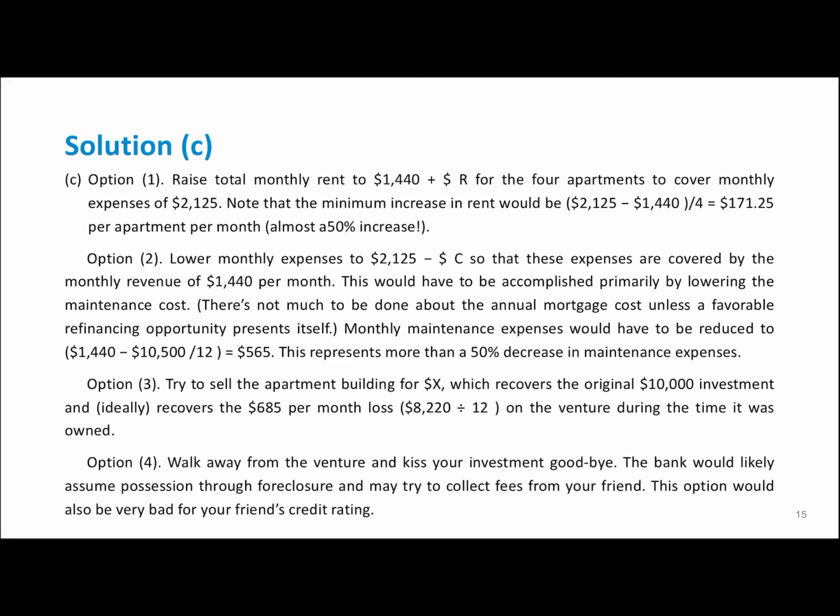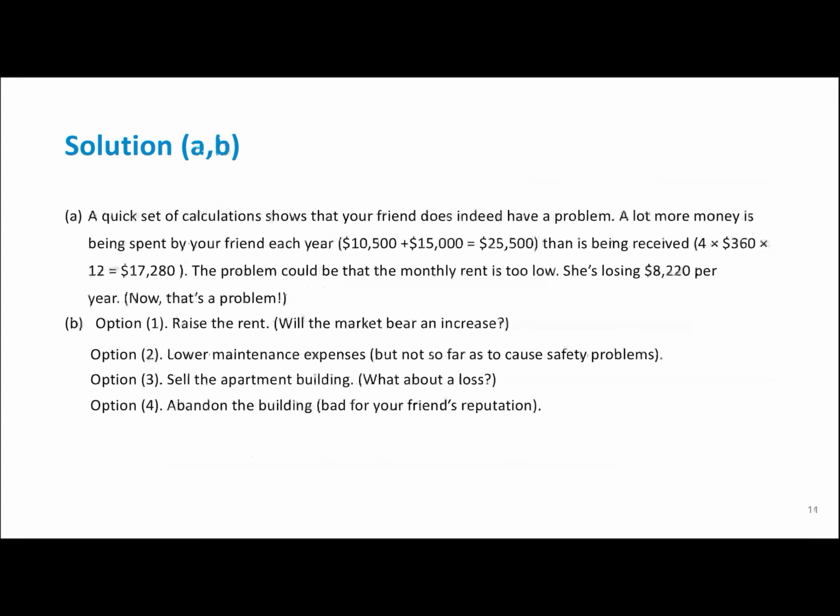So she can just raise the total money by 1,440 plus 1,440, which is the rental for months, plus R for the apartments. R is the amount she should increase for the apartments to cover the monthly expenses, which is 2,125.